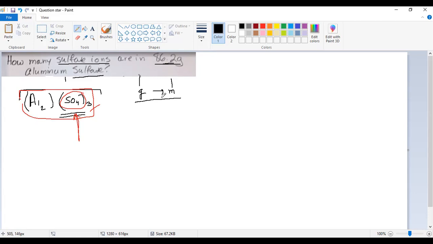And the most obvious way, if you were to look through your conversion factors, is that you could say that 1 mole is equal to these many molecules, right? And actually, what you could do in this case is use the molar mass conversion, which gives you grams per mole.